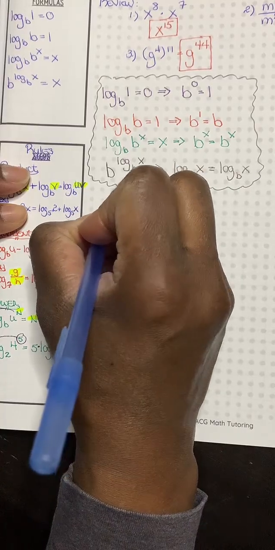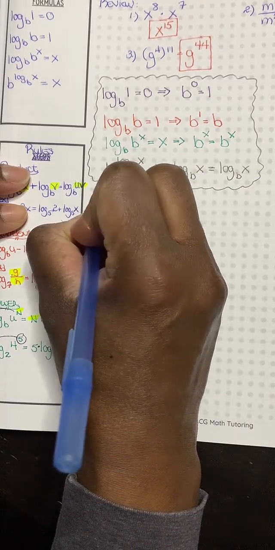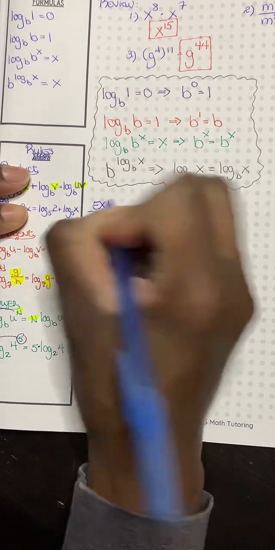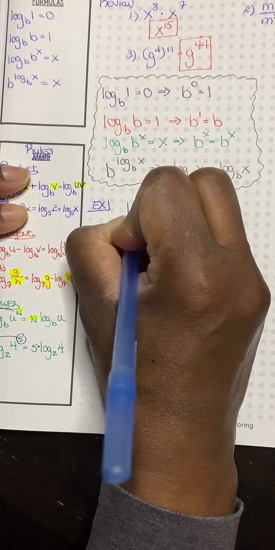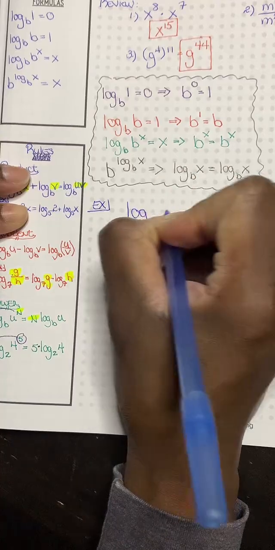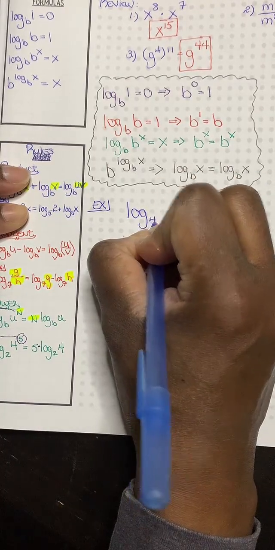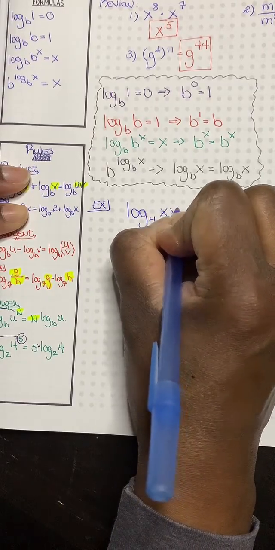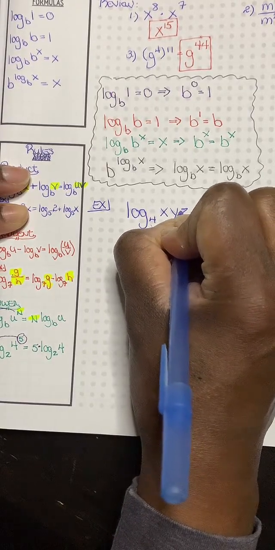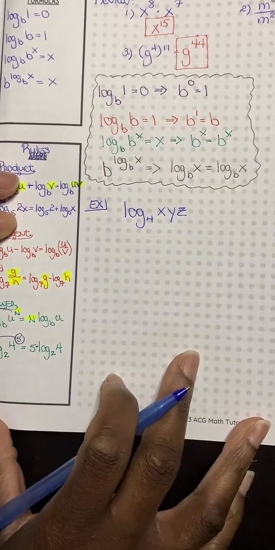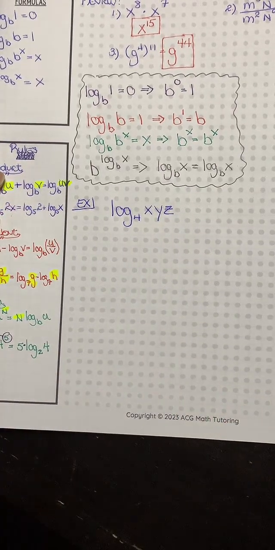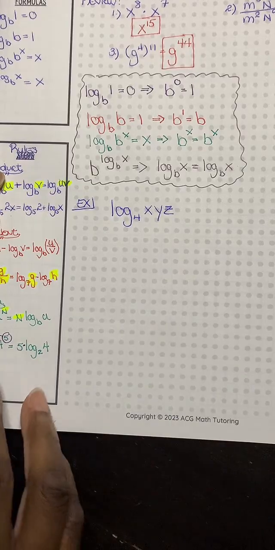So when I have the log, okay, let me write an example. I'm going to write pretty big tonight. So the log base 4 of x, y, z.